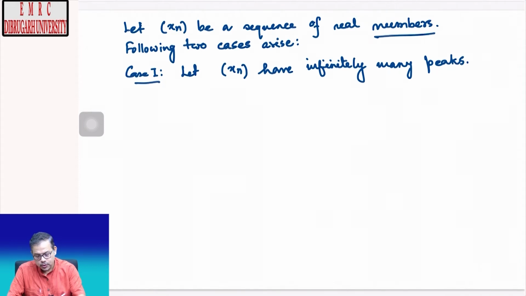So, if we want to visualize again, suppose xn has infinitely many peaks.